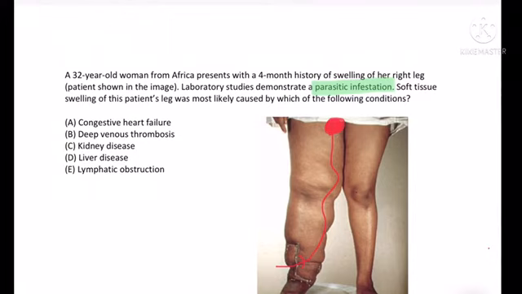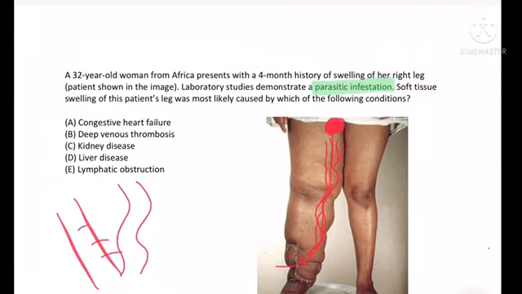So once there is damage to the lymph nodes, the lymphatic flow will be compromised. Fluids start to accumulate here, the extravasation. Normally, this is the blood vessel and this is the lymphatic drainage.